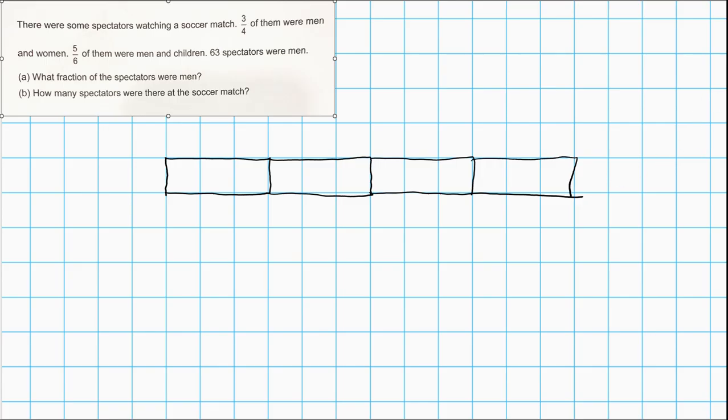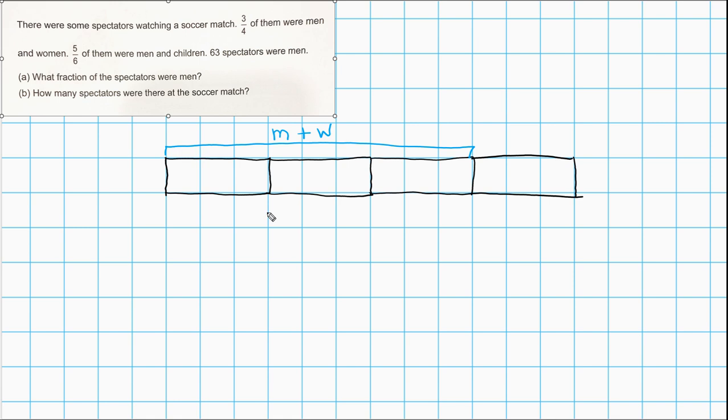So this represents all of the spectators. Okay, and what do we know? Well, they've used a denominator of 4 here. They've split all of the spectators into 4 groups. 3/4 of them were men and women. So if I do this here, this is 3/4 of all of the spectators, and this is men and women.